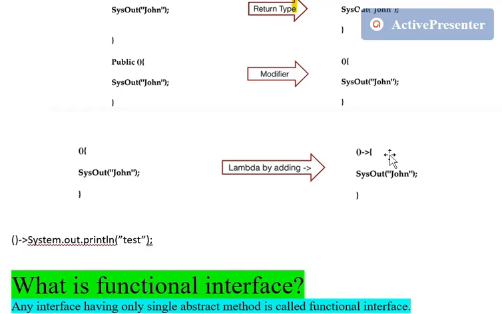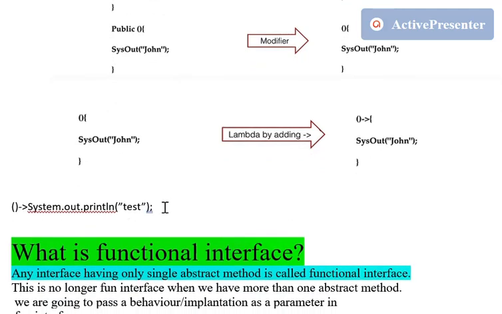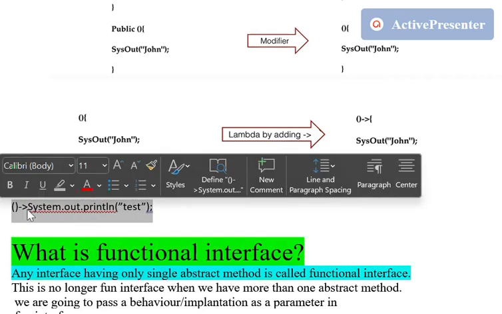Body of the function means lambda body. So finally, whenever we have a single statement inside the lambda body, these curly braces are also not needed. So finally, this is the most concise code.